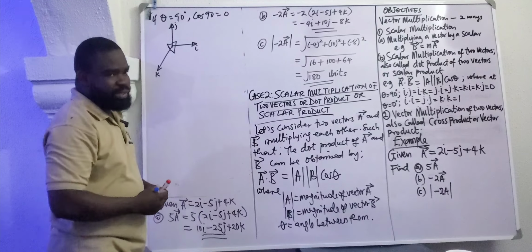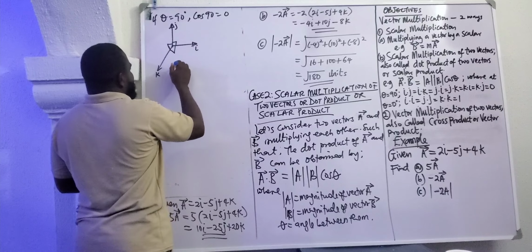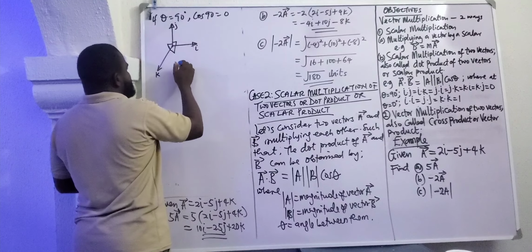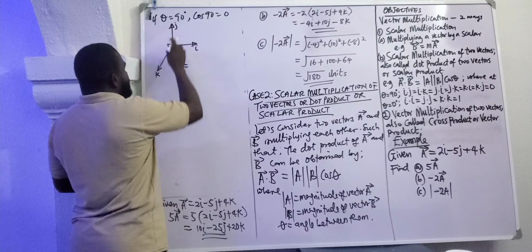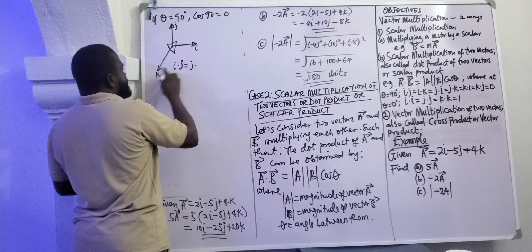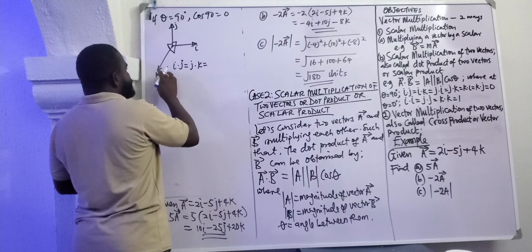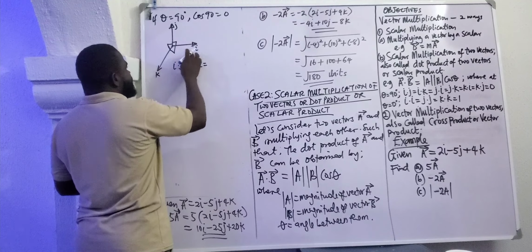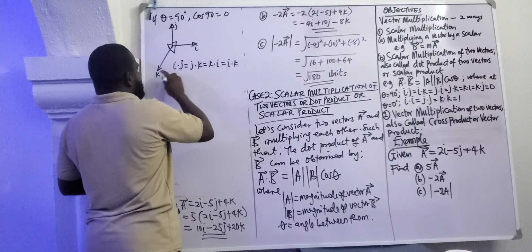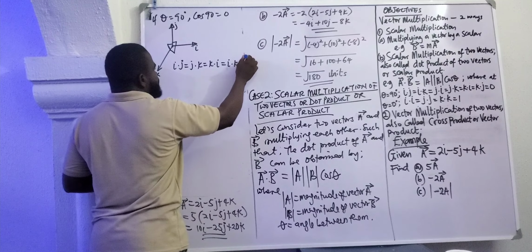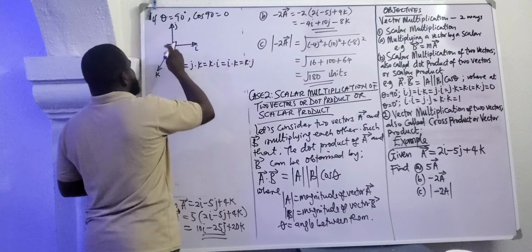So the implication is this: if you do I dot J, or J dot K, or K dot I, or you reverse it the other way, I dot K, K dot J, and J dot I, it will give you what? 0.